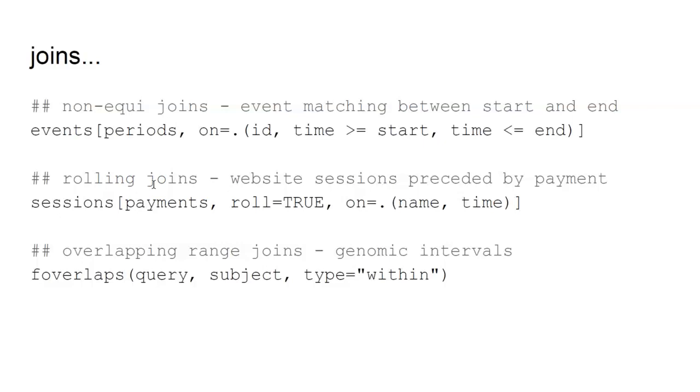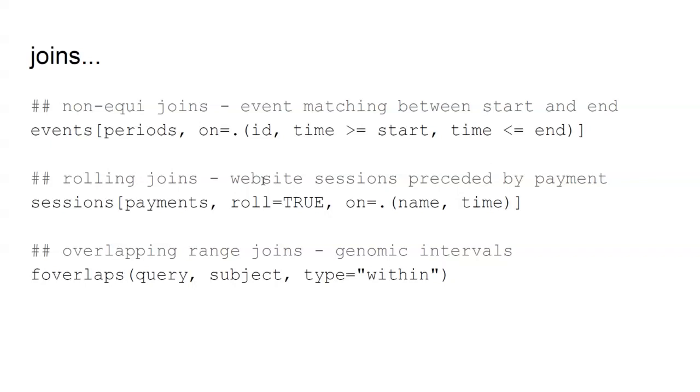Another type of joins are rolling joins. These have been in data.table for a very long time. When I came there, it was already there. If there are no matching rows for some values, then it will match to the next matching row.